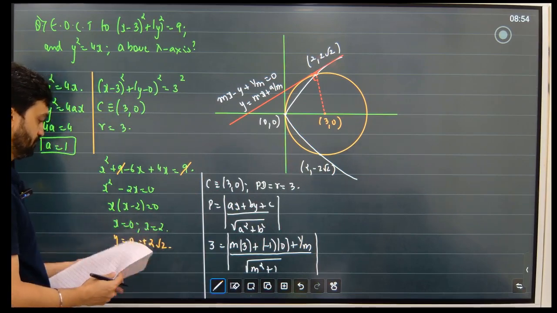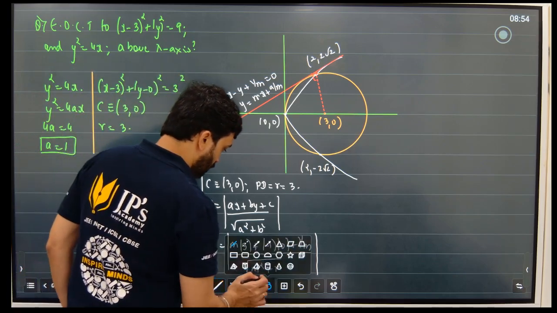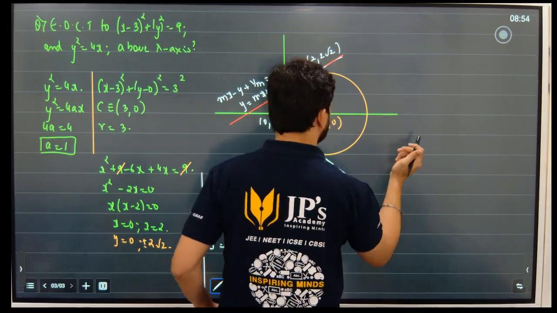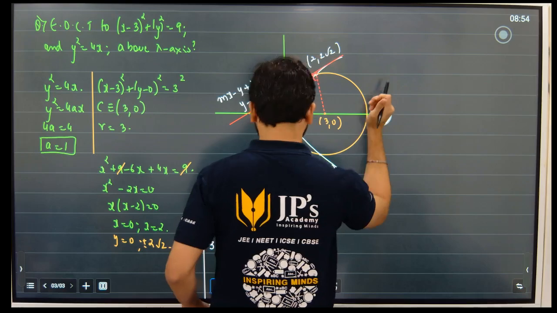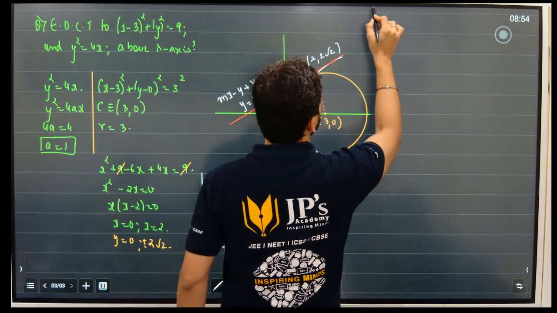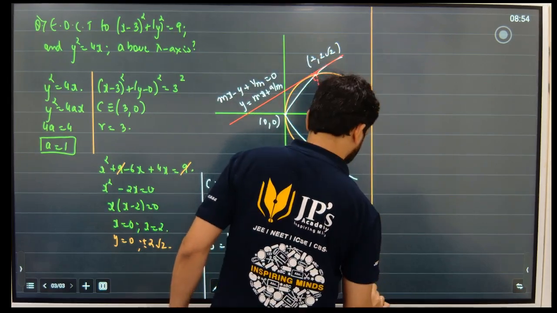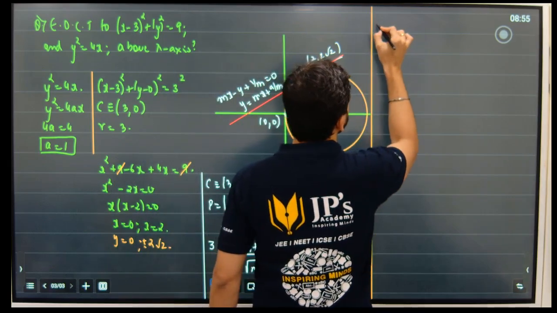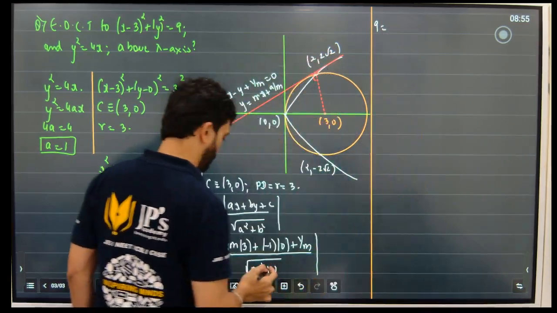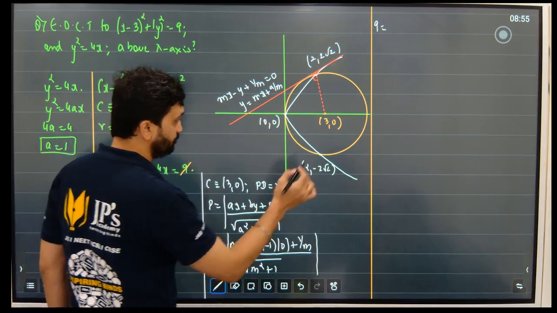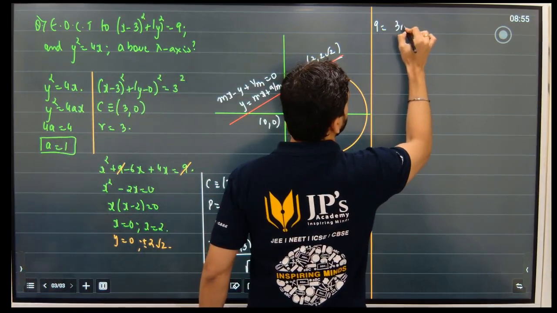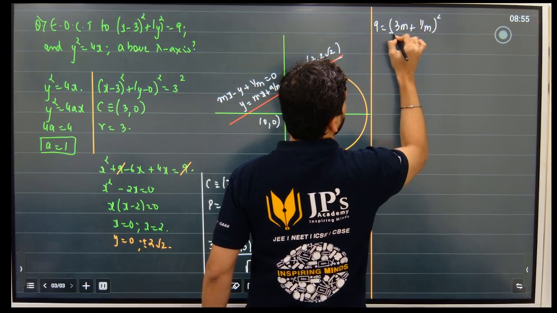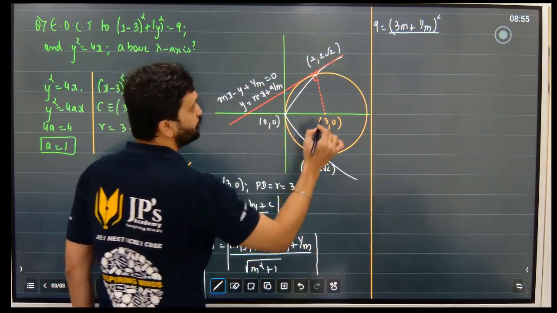Now if I simplify this, I am squaring both sides, this will become 9 is equal to 3m plus 1 by m the whole square upon m square plus 1.